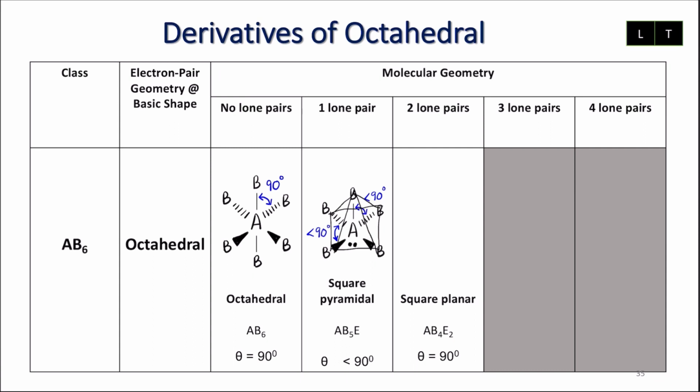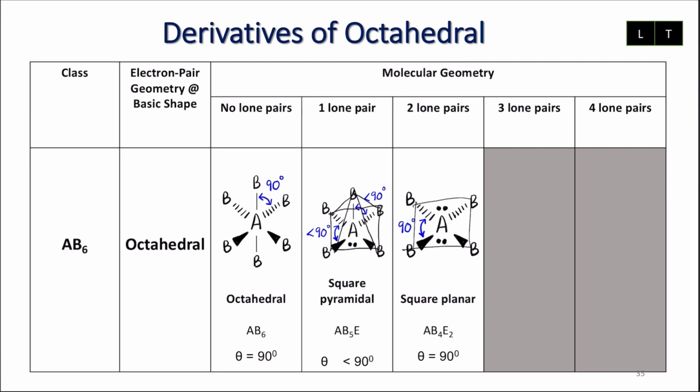Now, for another shape, I replace this bonding pair and this bonding pair, opposite to one another, with lone pairs, and I will have another shape which is square planar. So square planar is like a plane, flat, a square. It is flat, just a plane.